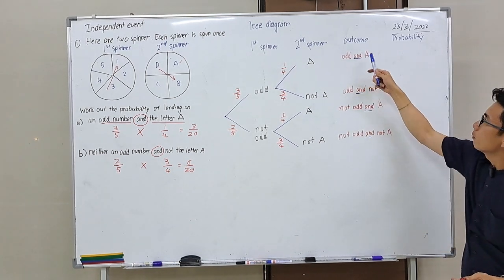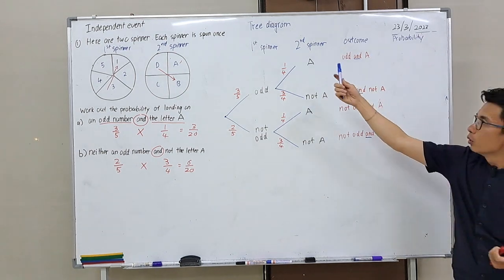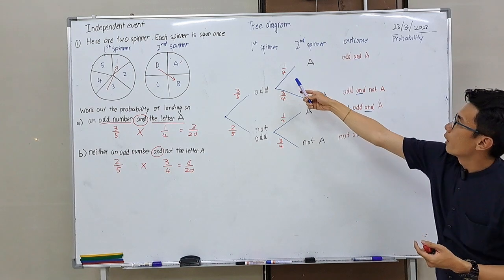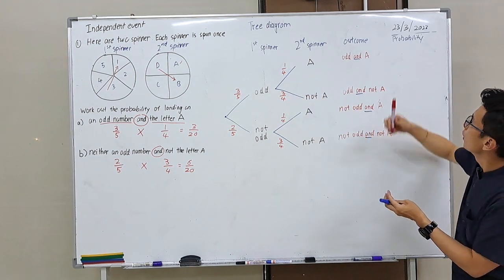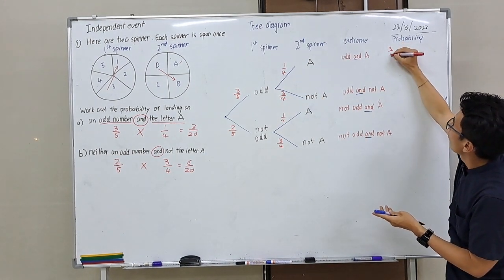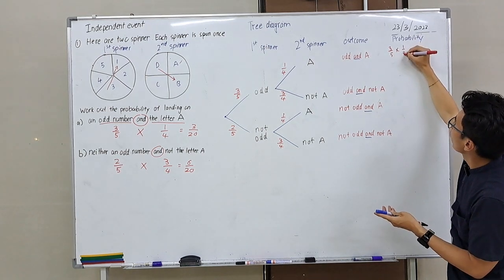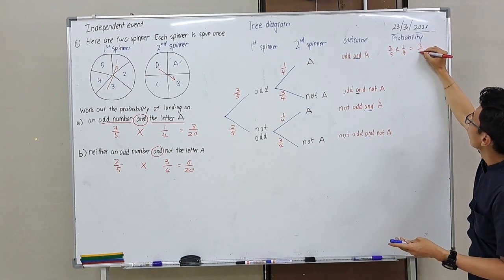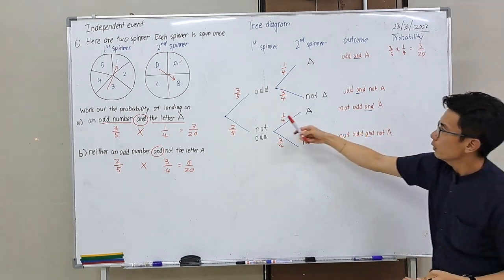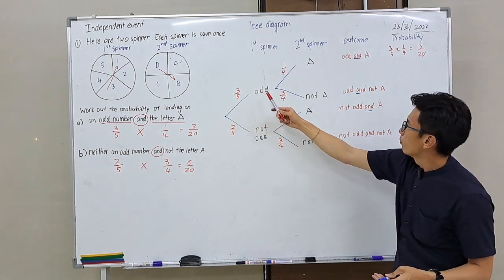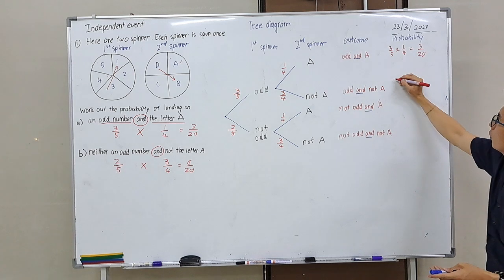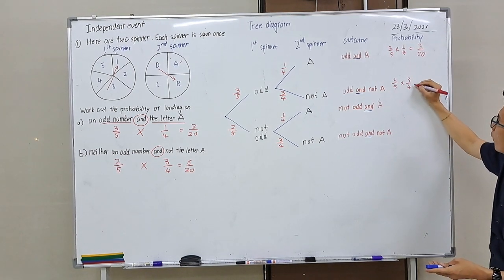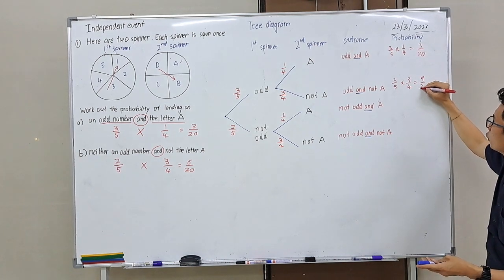You just have to multiply the 2 fractions. The first one will be odd and A, that will be 3 over 5 multiplied with 1 over 4. We have already done it. That's going to be 3 over 20. Next one, 3 over 5 multiplied with 3 over 4. That will be 9 over 20.